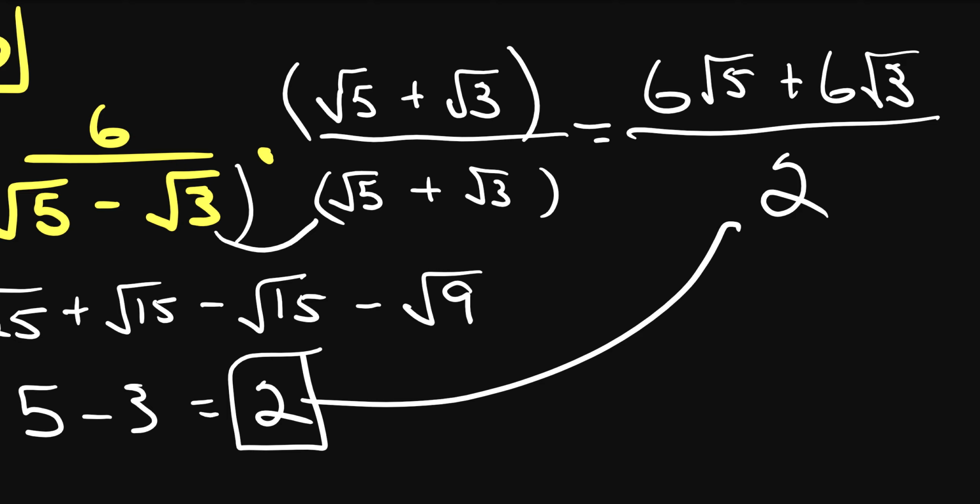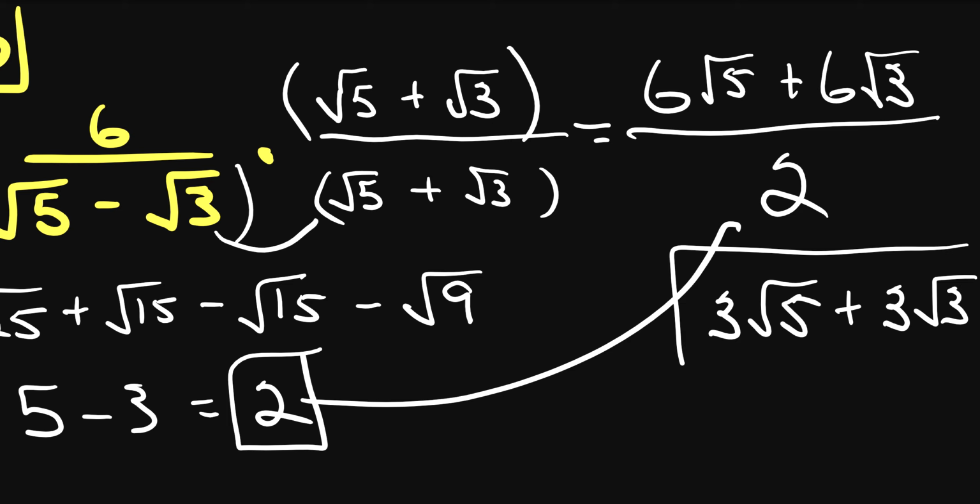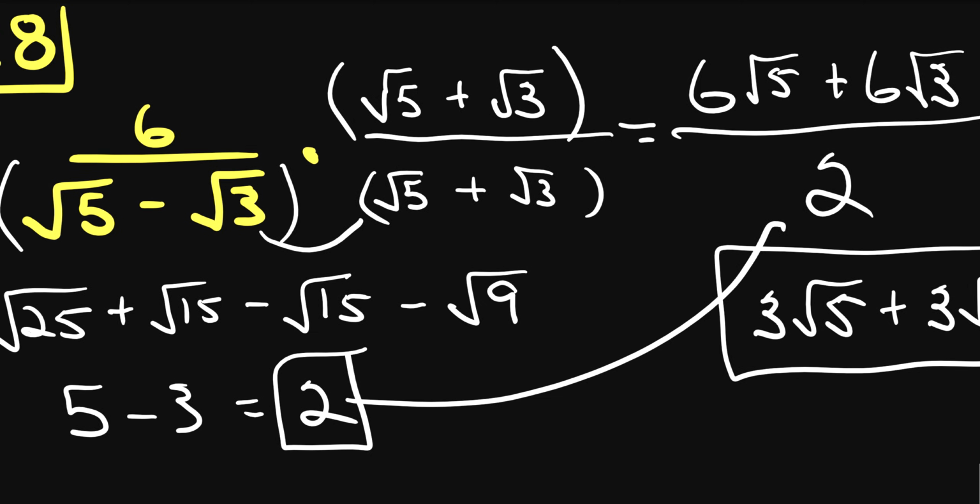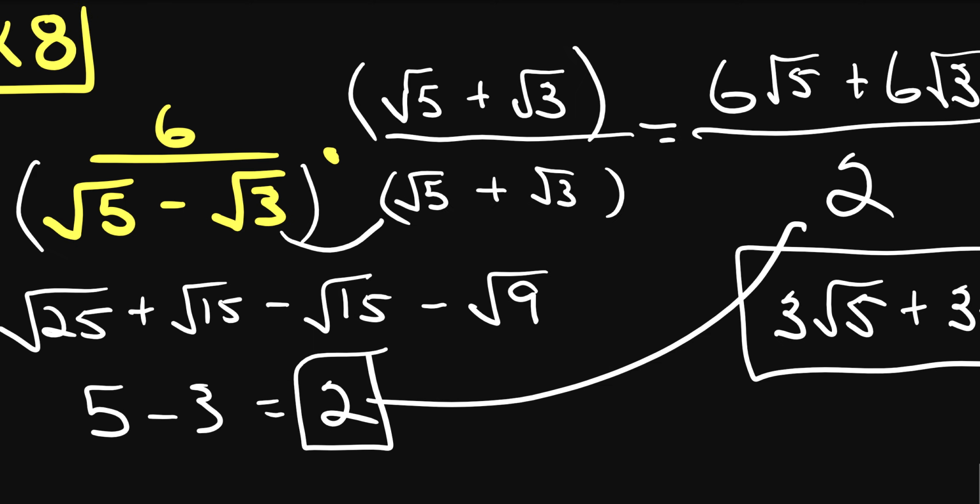I'm going to have 3 root 5 plus 3 root 3, and that will be my final answer. So that is example 8. I am multiplying by the conjugate, rationalizing the denominator, top and bottom, and doing the multiplying.